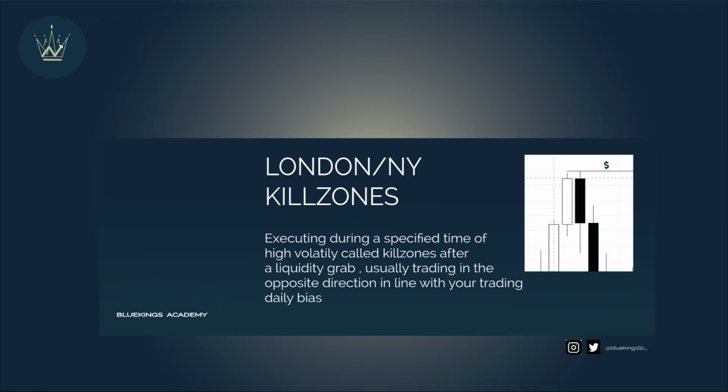But that's why ICT told us to set our time to UTC -4 when he was teaching. Right now it's UTC -5 New York time. So set your timing to UTC -5, and when you set that time, for pairs like GBP USD, Euro USD, whatever, as long as it's a currency pair, your execution time based on the New York session should be around 7 o'clock Eastern time.